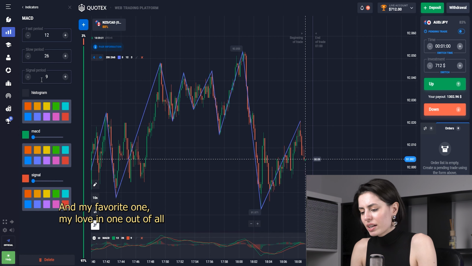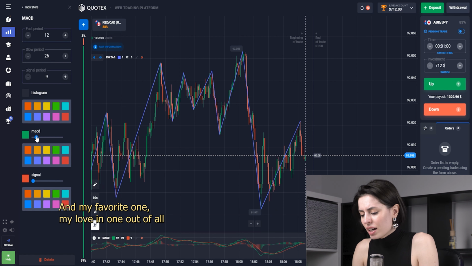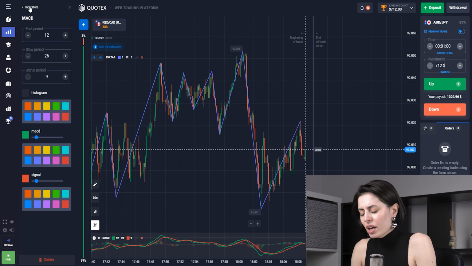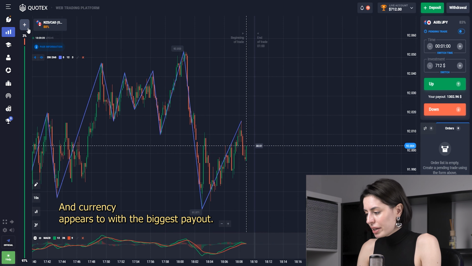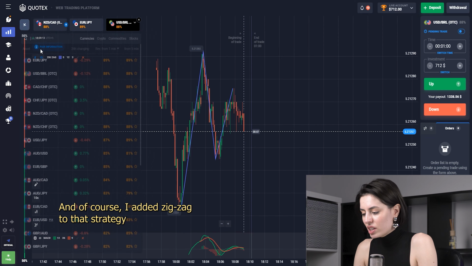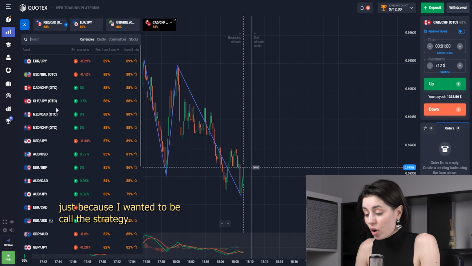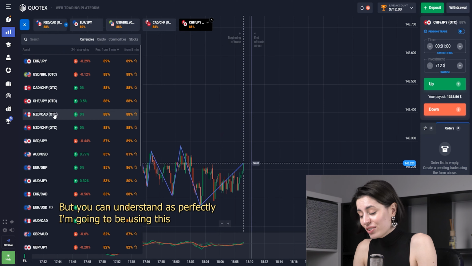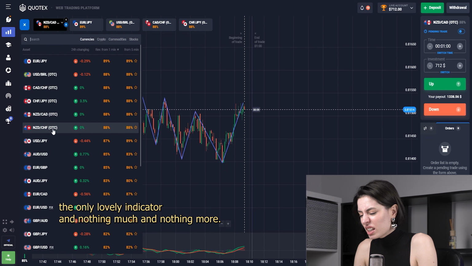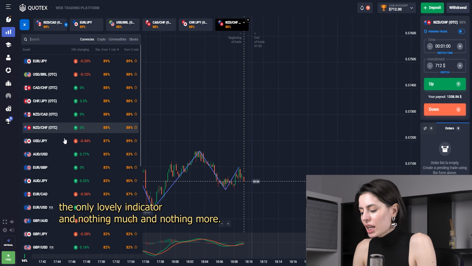And my favorite one, my number 11 out of all indicators, MACD. I love it. And currency pairs with the biggest payouts, and of course I added zigzag to that strategy just because I wanted to call it a strategy, but you can understand perfectly I'm going to be using this lovely indicator and nothing more.